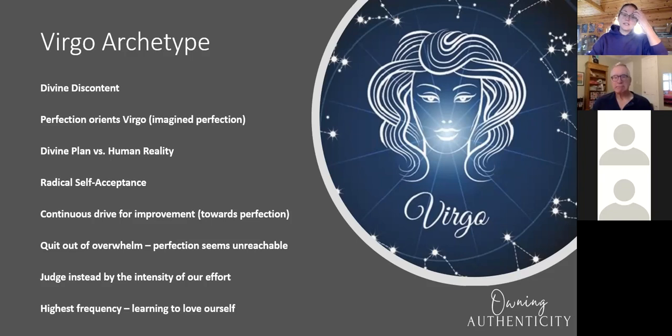Virgo in its shadow side, if you're struggling with that, can be quitting because you're overwhelmed. Like you have a room that is totally disorganized, it's a mess, it's not clean, you've got so many things you don't even need, and instead of trying to tackle it and organize it and get it perfect, you just close the door.